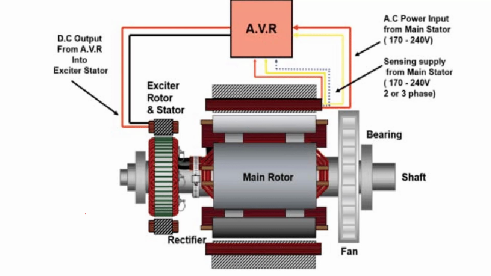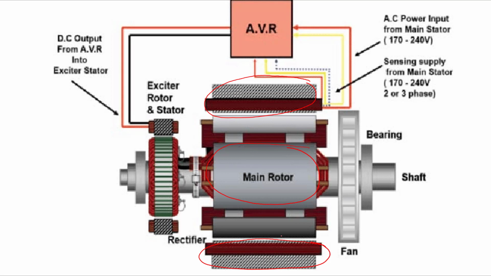Okay. So now you can see here, this is your main rotor part and this is your stator part, which is mentioned here, right? So on the stator, in case of a DC generator, we have seen the field is placed, and on the rotor the armature is placed.